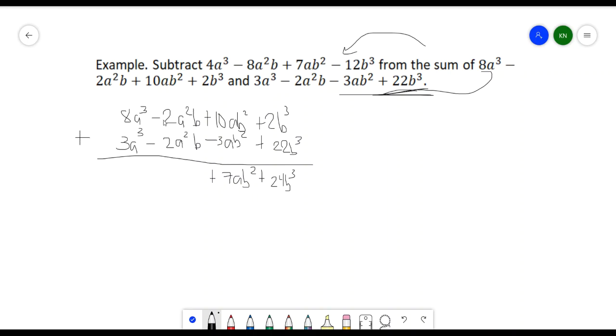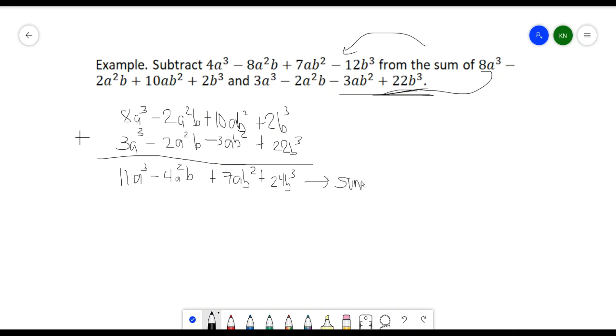And then we have this one, negative 2 plus negative 2, that is negative 4a squared b. And then for the last one, we have 8 plus 3, that is 11. So we have 11a cubed.